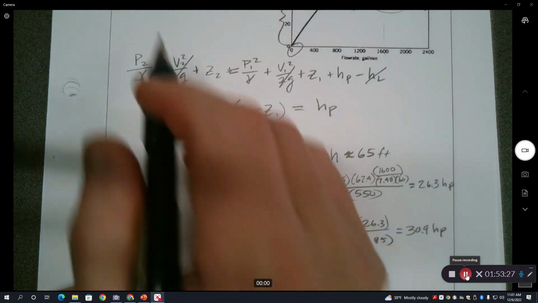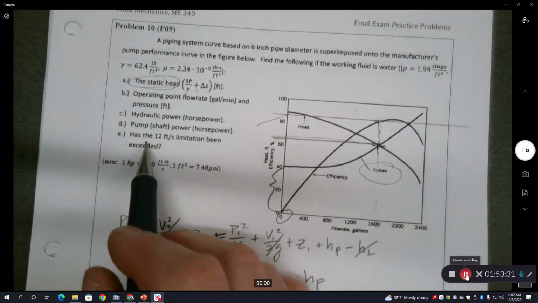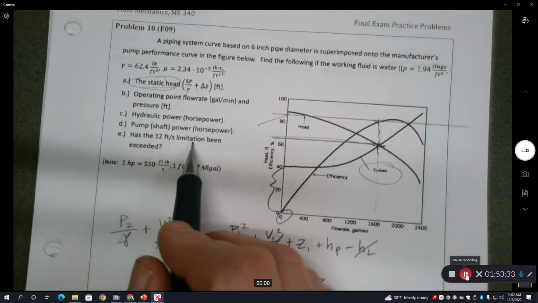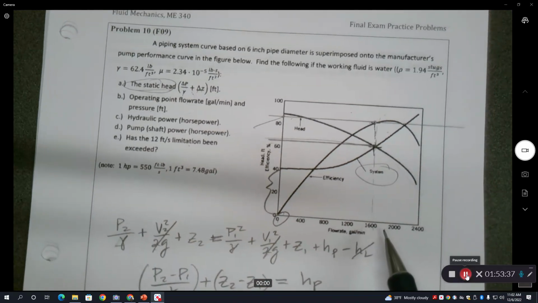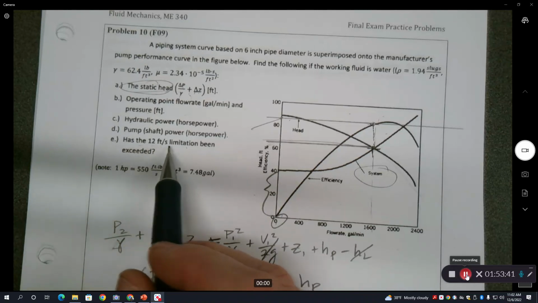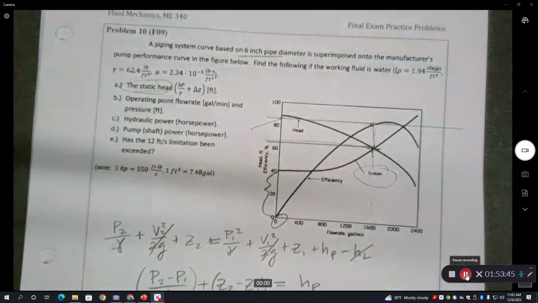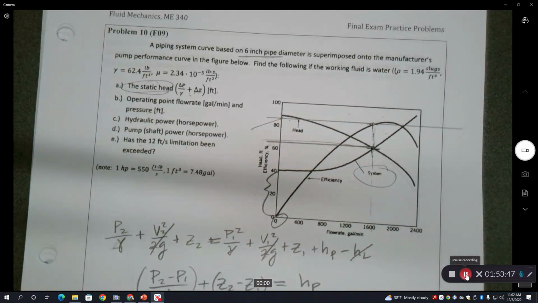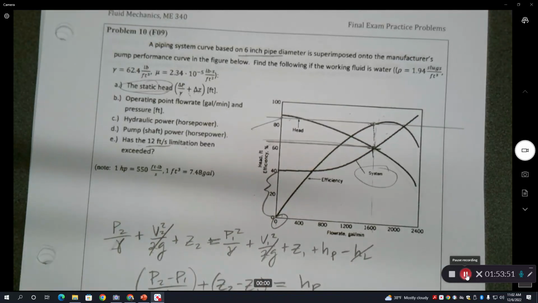And then this has the 12 feet per second limitation, and I'm trying to wonder where it says 12 feet per second limitation. The 12 feet per second, 6-inch pipe, there you go. But it doesn't say, oh, you know what? I think that was something that I did mention in that class.